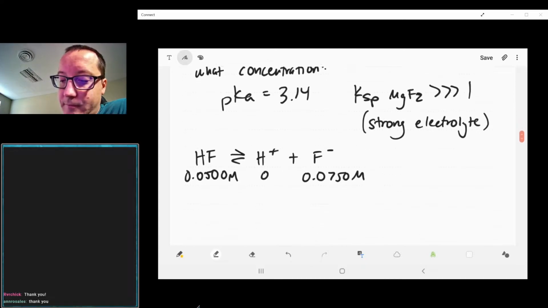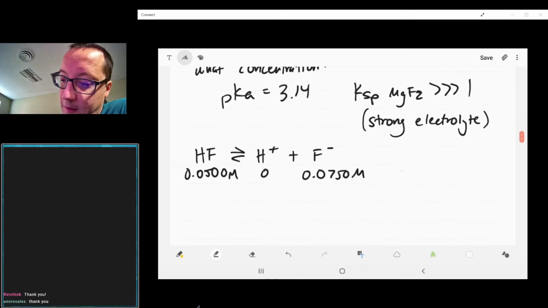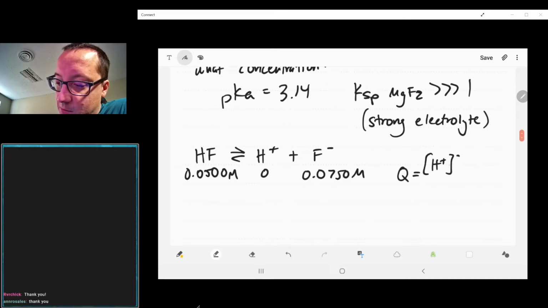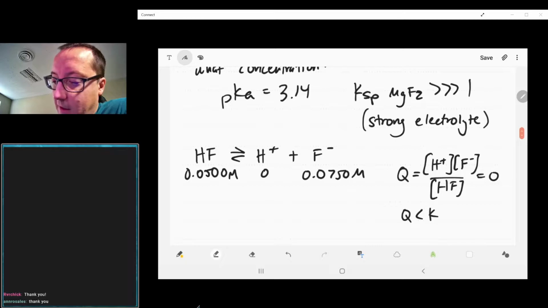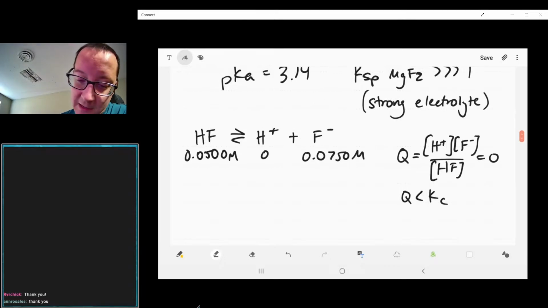So, of course, if we look at Q right now, remember that's hydrogen times fluoride over HF. It equals 0. So Q is definitely less than K, Ka, I guess, in this case. So we know that the reaction will proceed towards the products. So we know that we're going to be consuming HF. We're going to be producing the other two.